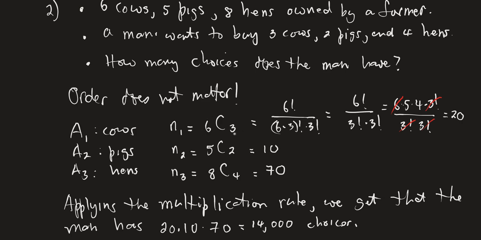The concept of a combination, and that's when we realize that it doesn't matter in which order the man chooses which cows, pigs, and hens he's going to buy. But then, since there are multiple animals being purchased, the total number of ways that he can make his selection or his choice or his combination is by multiplying these 3 numbers. So that's our multiplication technique.